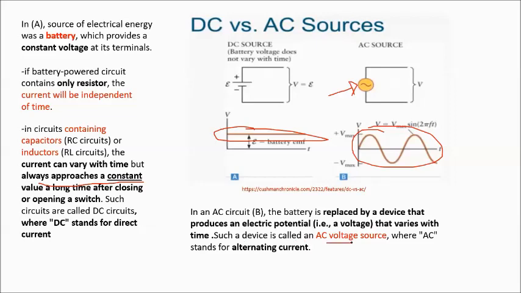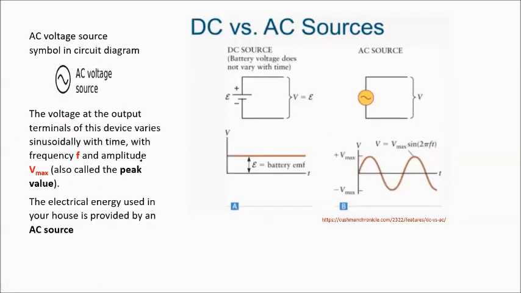This is called an AC voltage source or AC source, where A is for alternating, C is for current. So again, the symbol of AC. The voltage at the output terminals of this device varies sinusoidally with frequency and Vmax, called the peak value. The electrical energy used in your house is provided by an AC source.